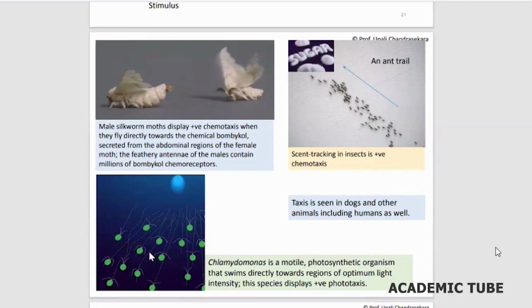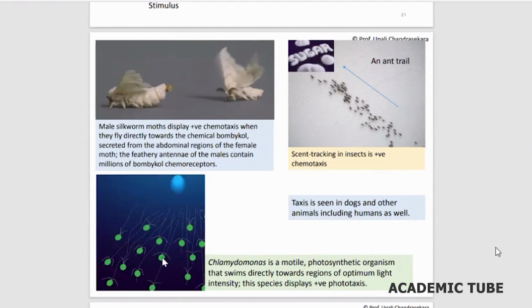Another one, chlamydomonas. Have you heard about chlamydomonas? Kalindu, have you heard about chlamydomonas? Yes, sir, kind of aware of it. Yeah, it's a unicellular organism that lives in water, right?